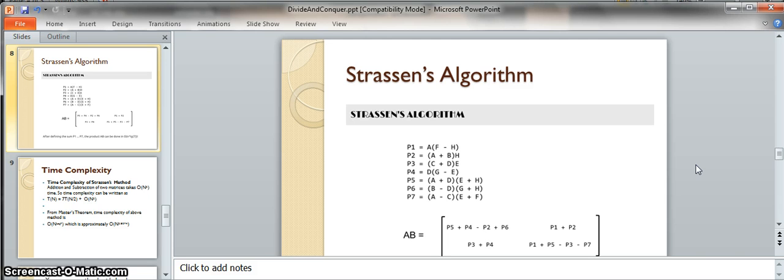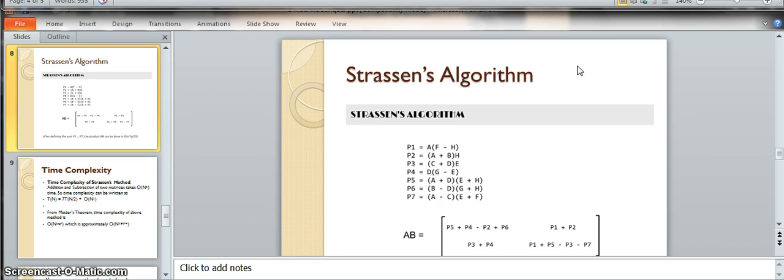In the above divide and conquer method, the main component of high time complexity is the 8 recursive calls. The idea behind the Strassen method is to reduce the number of recursive calls to 7.